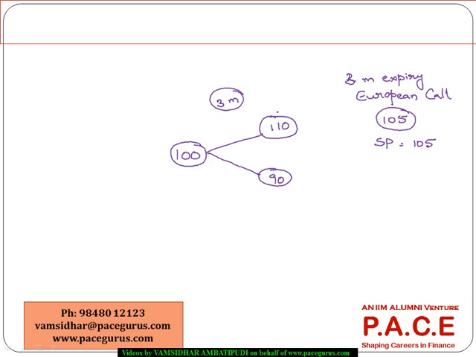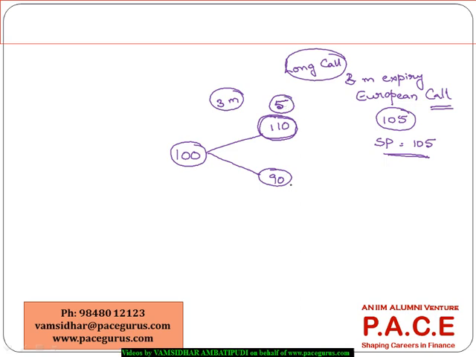Now in case the stock price touches 110, because the strike price is 105, from a call option standpoint, the long call holder is going to exercise this option. So he is going to have a payoff of 5 bucks.